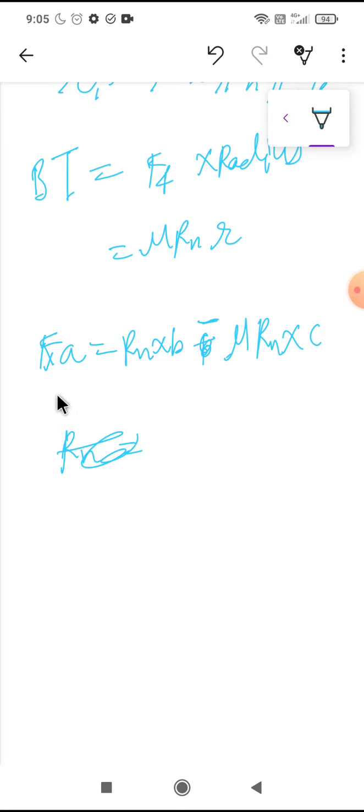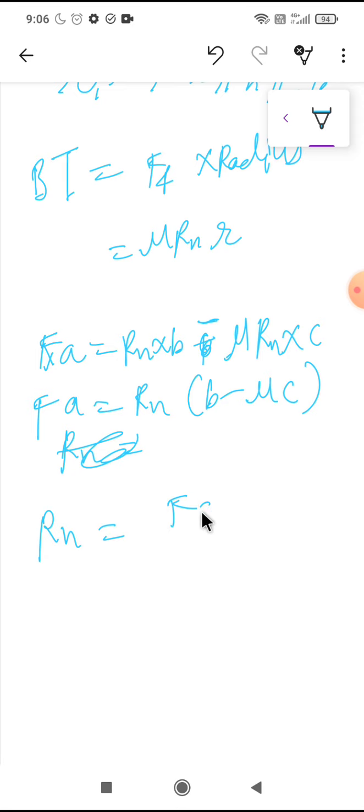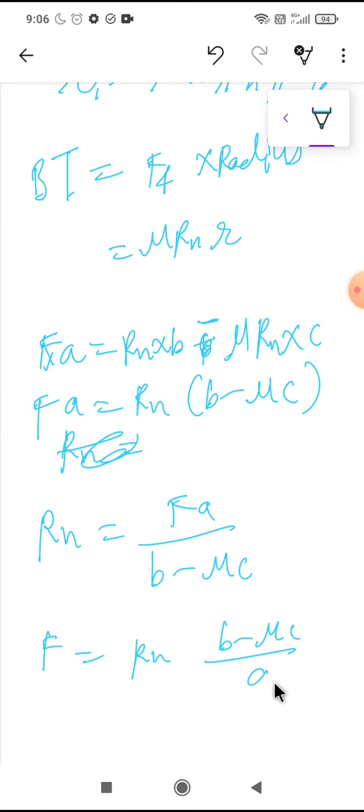So F into A is equal to Rn times (B minus mu C). If I take Rn as the subject, Rn will be equal to Fa divided by (B minus mu C). If I want to find F, F will be equal to Rn into (B minus mu C) divided by A.